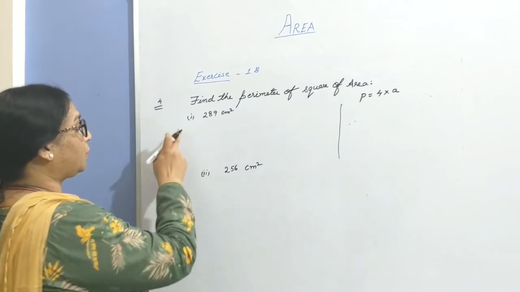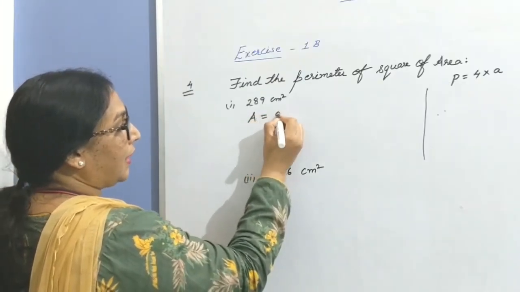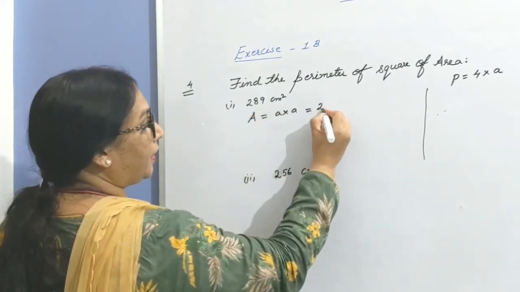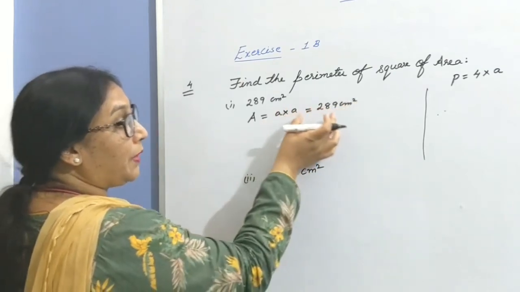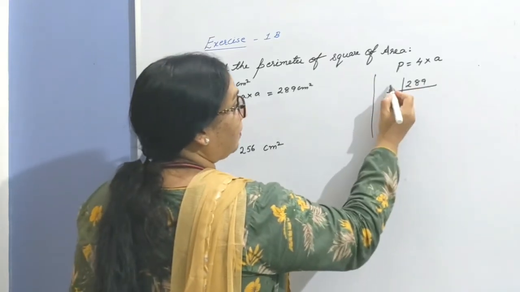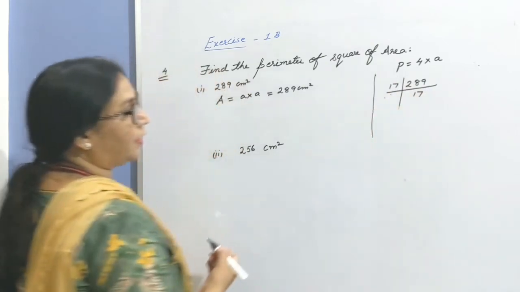So let's move to the first question. Area of the square is side into side. Here the given area is 289 centimeter square. So let's break this number into A into A. Here 289 is the perfect square of 17. 17 into 17 is 289.